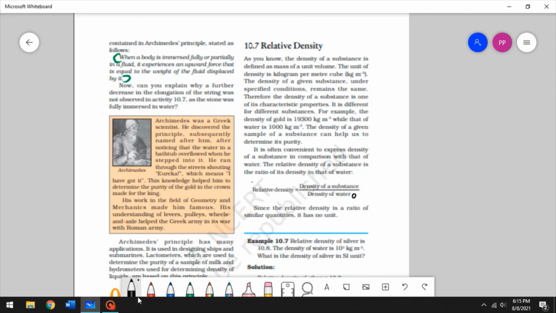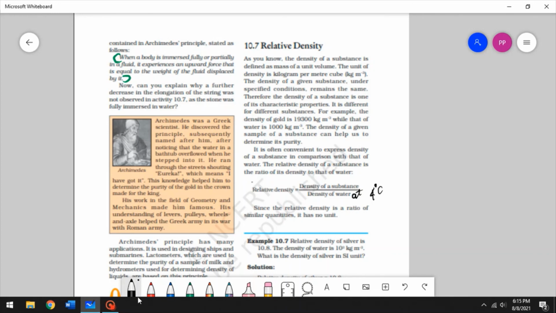It doesn't hurt to say at 4 degrees Celsius, it's just 2 extra words. And that will impress your teacher, and let the teacher know that you actually know what you're writing in your exam. Alright, so since the relative density is a ratio of similar quantities, it has no unit.